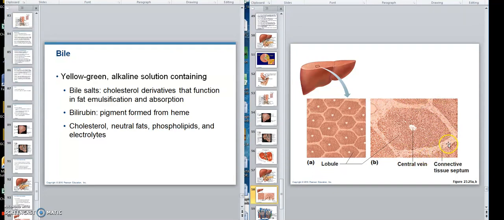Each lobule is separated by a connective tissue septum. But what I'm interested in is each lobule's corner. That corner, that corner, that corner. These various corners, I'm interested in that, because the interest in that comes with this.